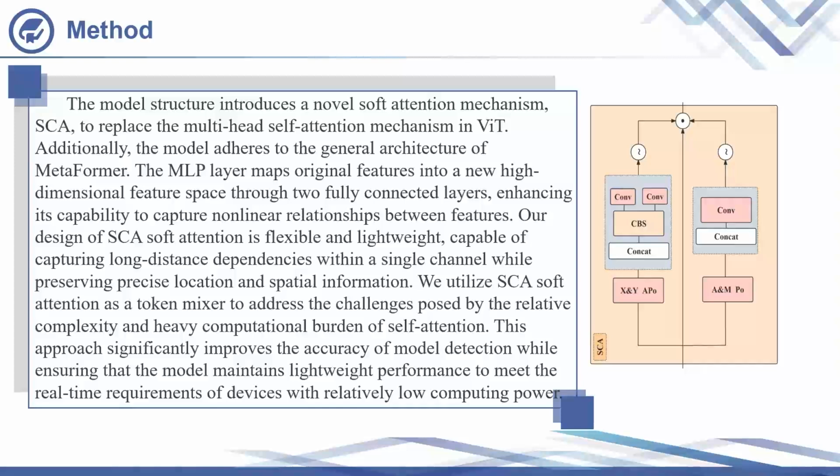We utilize SCA soft attention as a token mixer to address the challenges posed by the relative complexity and heavy computational burden of self-attention. This approach significantly improves the accuracy of model detection while ensuring that the model maintains lightweight performance to meet the real-time requirements of devices with relatively low computing power.